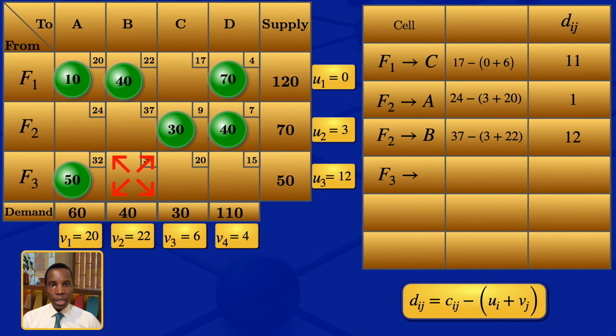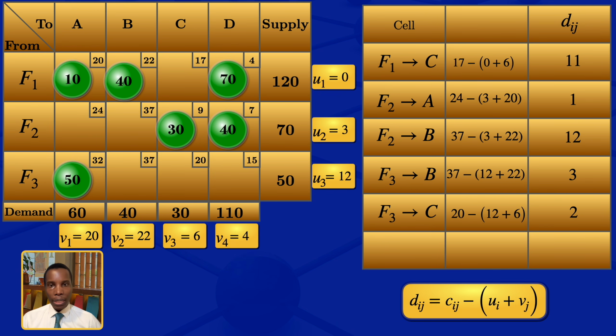We are talking about cell F3 to B. So for cell F3 to B, we will be saying 37 minus the sum of these two values, and that will give us 37 minus (12 plus 22), which will give us a 3. Then the next unoccupied cell is this one here, cell F3 to C. So for cell F3 to C, we'll be saying 20 minus the sum of these two values, 12 plus 6. So it will be 20 minus (12 plus 6), which will give us a 2.